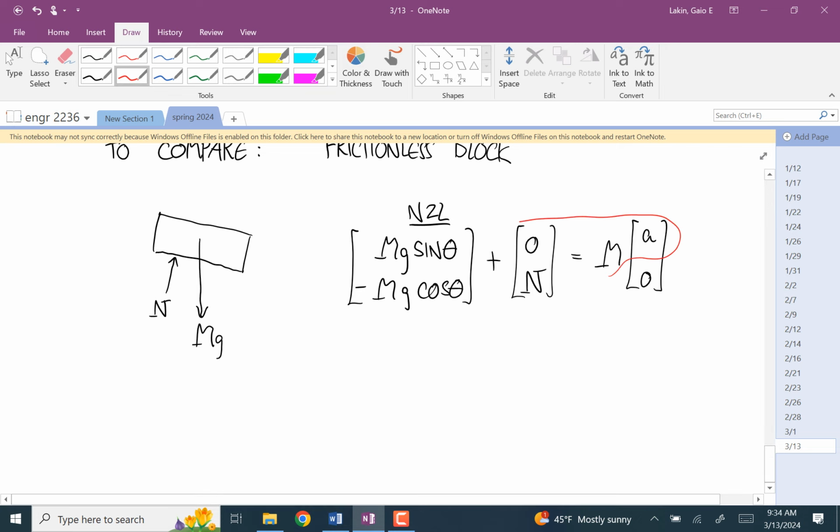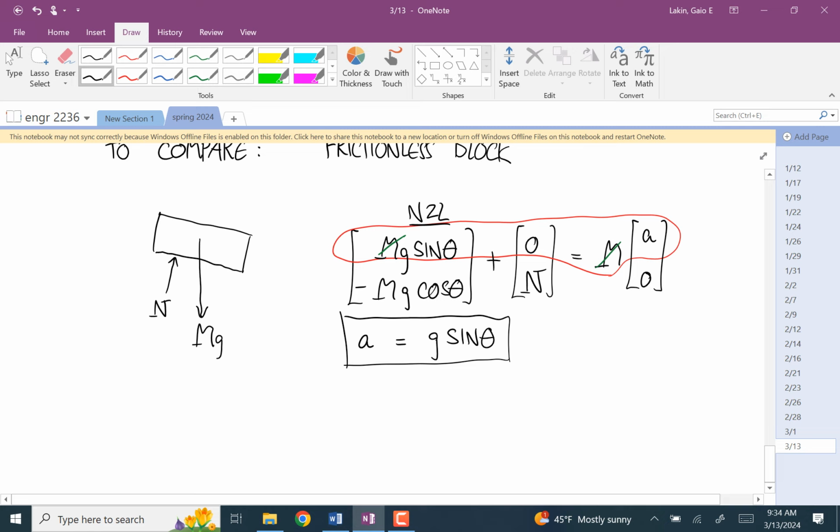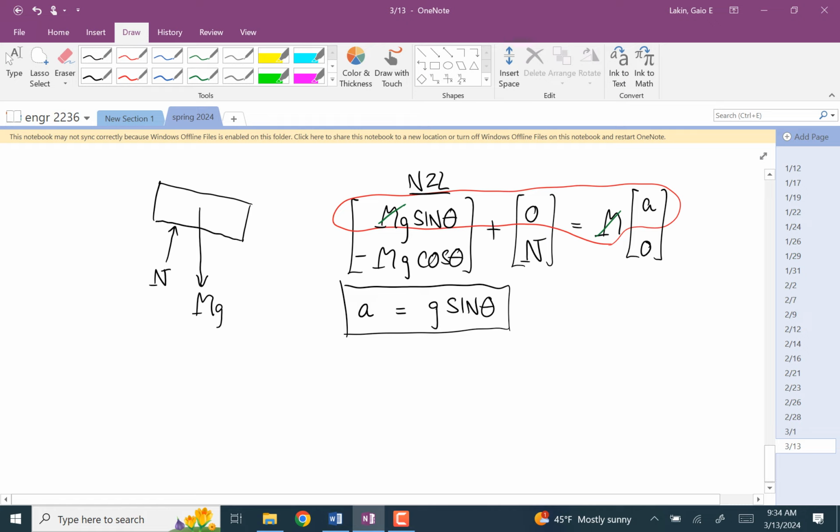The y equation doesn't really matter, but in the x equation you can see these m's cancel and that doesn't even end up mattering, and the acceleration is just equal to g sine theta. Okay, so we know we're going to get something smaller than that when we have it rolling on wheels.